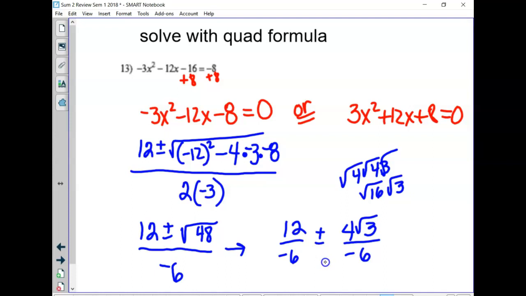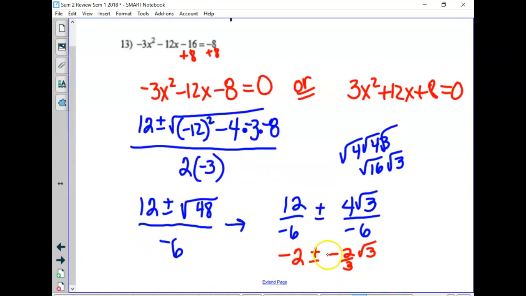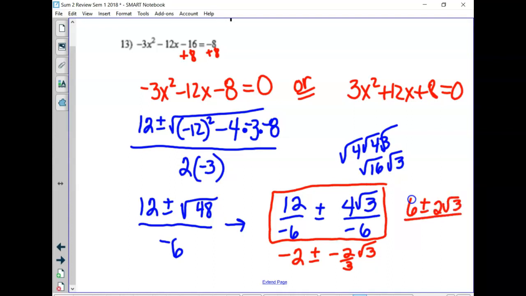Now this is a kind of weird one because you can have a couple different answers. If you do what I did and separate it, this would become a negative 2 plus or minus a negative, which really doesn't matter because it's already plus or minus, 2/3 and a square root of 3 is on top. If you just reduced all of these right here by 2, you would have 6 plus or minus 2 square roots of 3 all over 3, or negative 3.